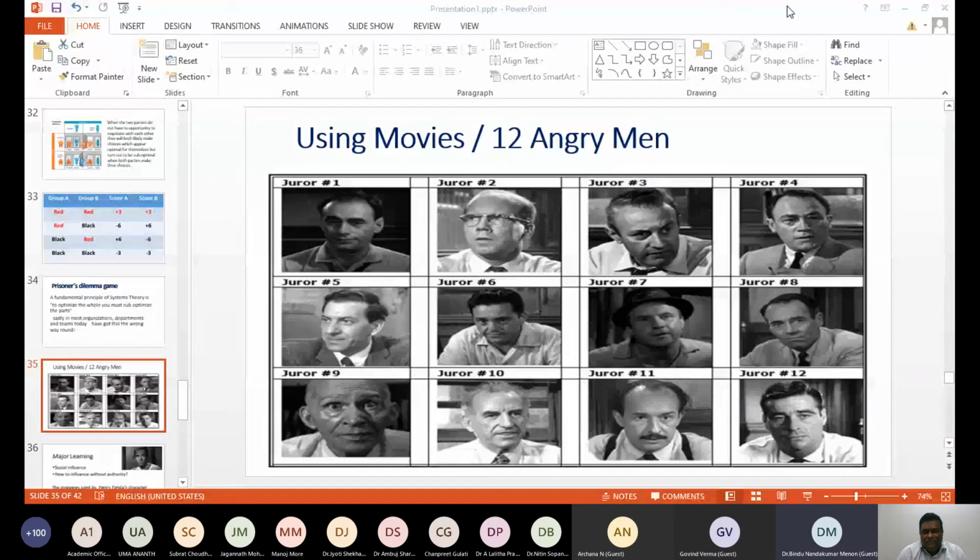Like OB also, I used to take movies. I used to use different types of management games for team building, attitude, motivation, perception. Students can enjoy it, and at the same time, they can learn a lot of theories. And it stays with them forever, and that is very important.